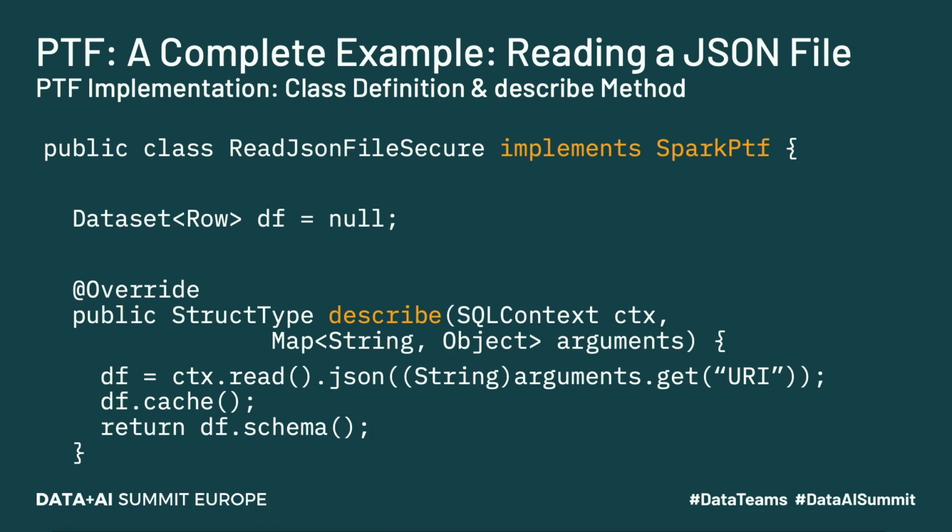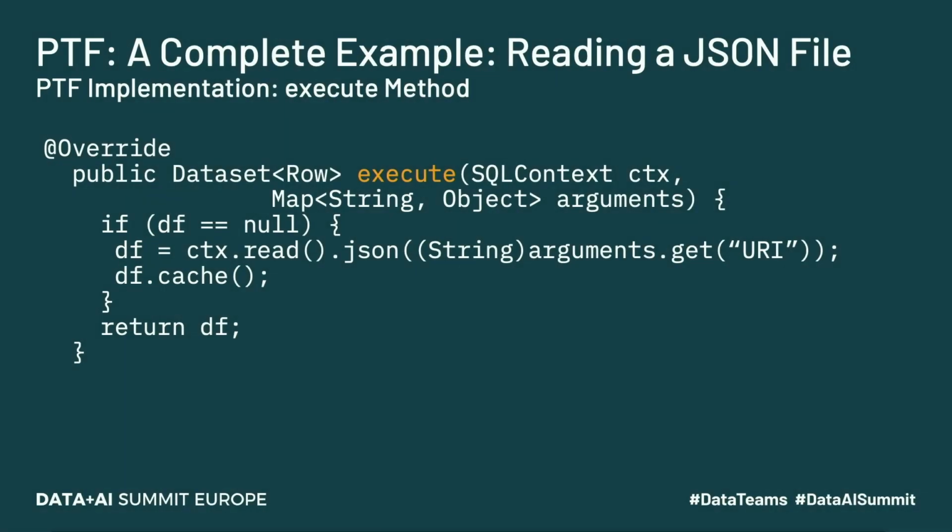And then we just do df.schema for getting all the information about the columns and the types. Therefore, I have chosen that example of reading a JSON file because that's very short to implement, and we can see the complete example in this presentation.